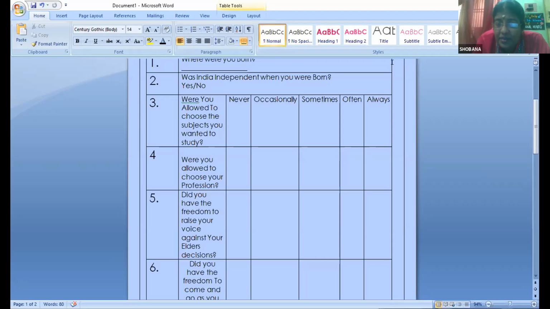Freedom to express. Who's typing that? Vraj, are you typing? Arjun knows because last week Arjun was on leave. He didn't attend the session. So all the 5 different freedoms. Type it there. Who's going to type it?